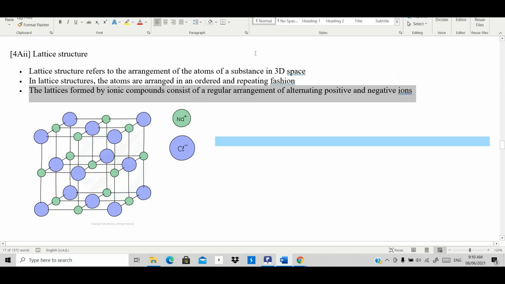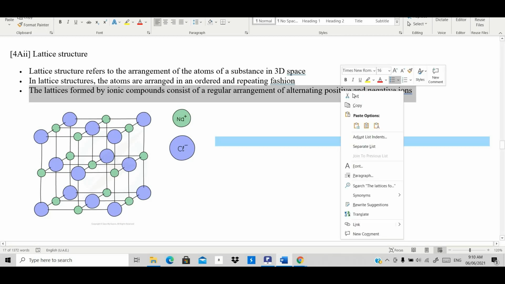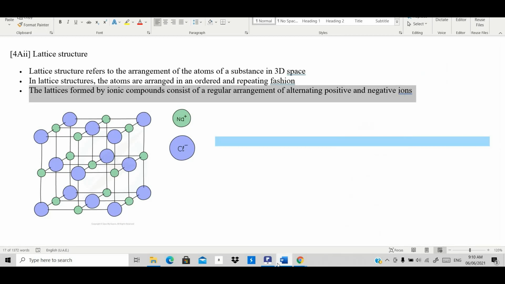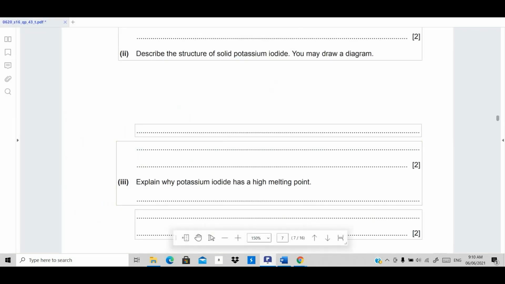Basically the 2 marks are for a regular arrangement and alternating positive and negative ions, but I am explaining with words so the examiner can understand. In the marking scheme, the examiner has given some keywords to write, but you need to know how to be creative with words. So now I will copy this question, copy this answer, and write it here properly.